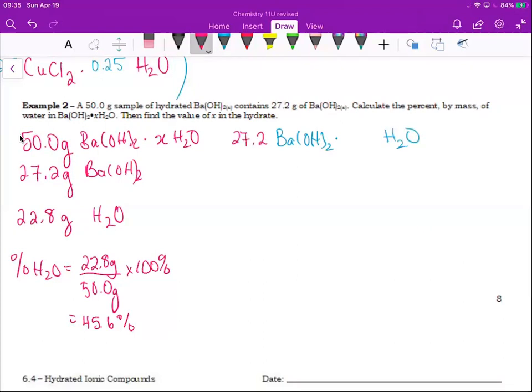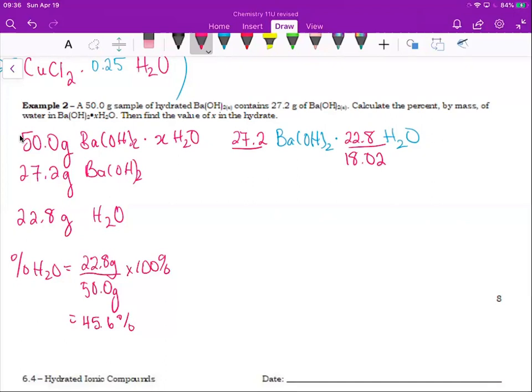So I'm taking my mass and I'm using them as my coefficient. So remember, this is different than calculating the molecular formula because I'm making them coefficients, not subscripts. I'm dividing it by the molar mass. Let's calculate barium hydroxide.